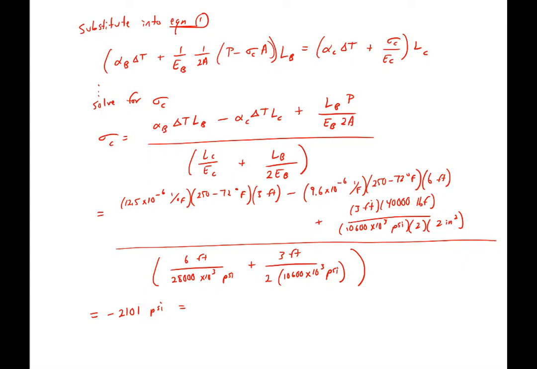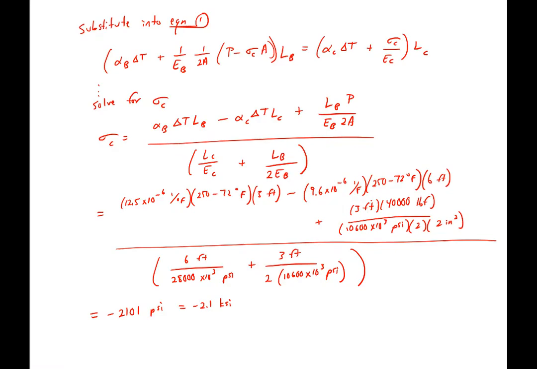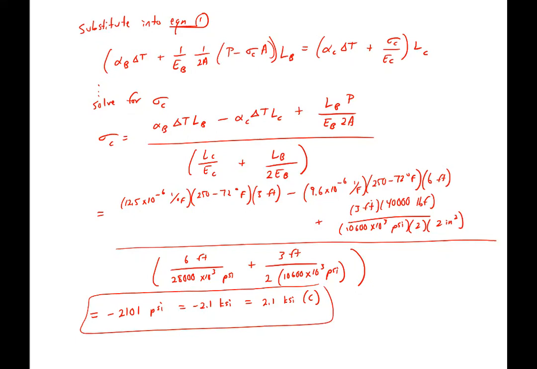That's also equal to negative 2.1 ksi, kilopounds per square inch. We could also call that 2.1 ksi in compression. Right. So any of those would be a legitimate answer for sigma C.